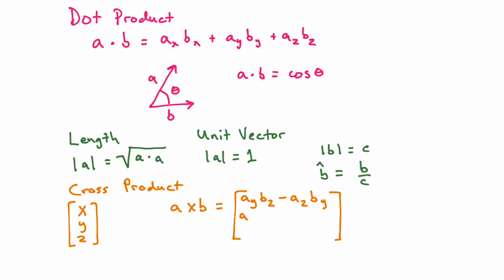Next, we'll have az, because z comes after y, times bx subtracted by ax times bz. And you'll notice that the inside pairs are the same. Finally, with z, x and y come next. So we'll have ax times by minus ay times bx.